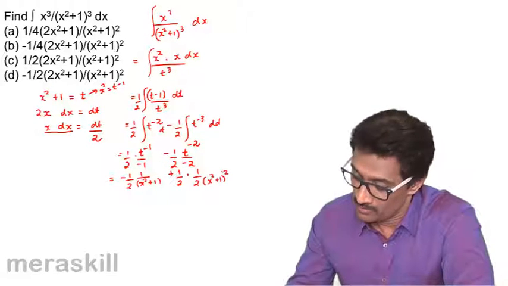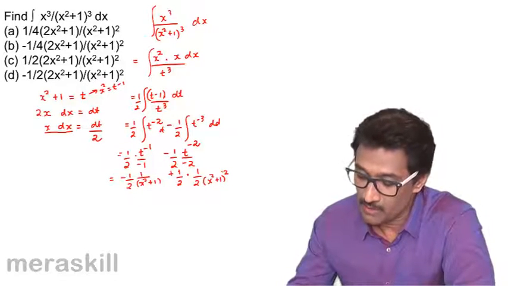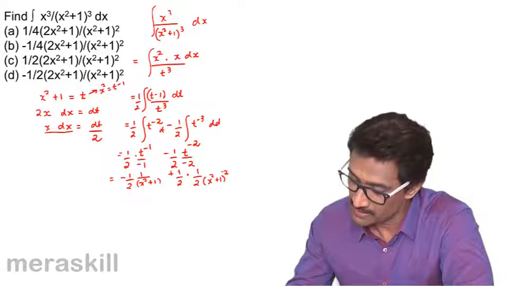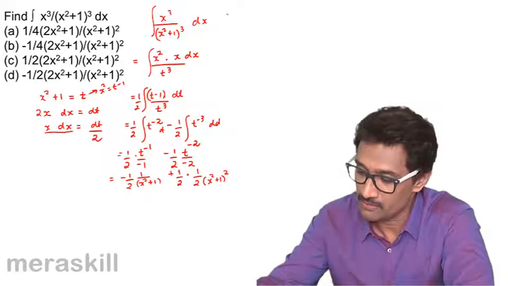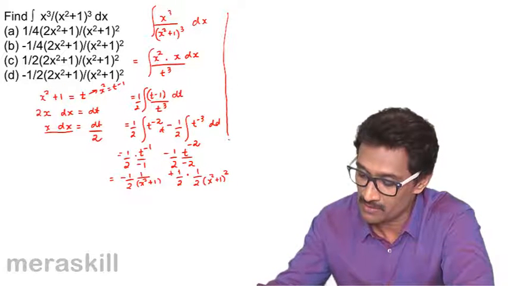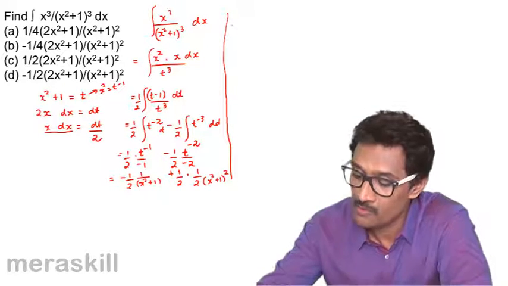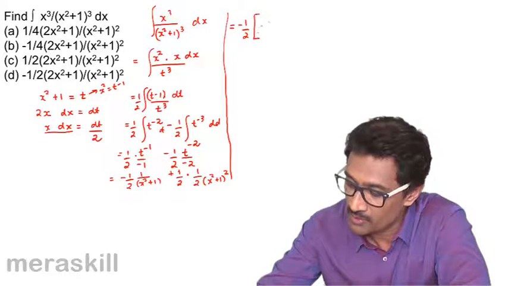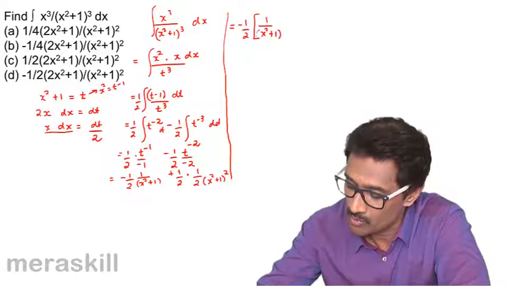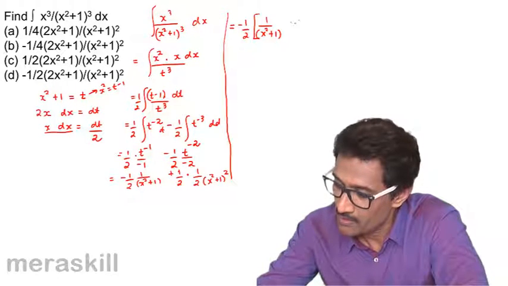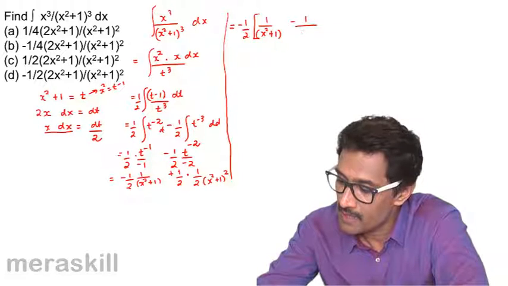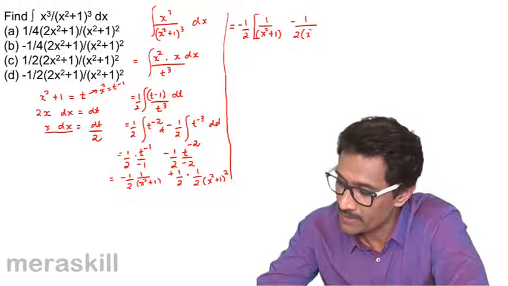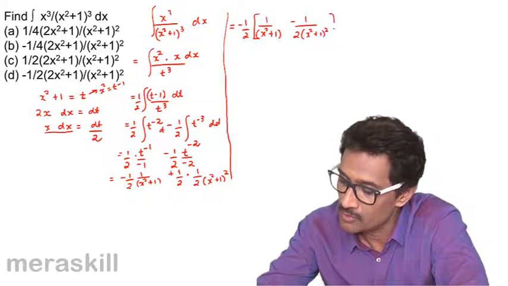So we need what among these? x square plus 1 the whole square. So we need to simplify this further because the answer that we have is not in this format. Maybe we can take minus half common and you get 1 upon x square plus 1 minus 1 upon x square plus 1 the whole square.